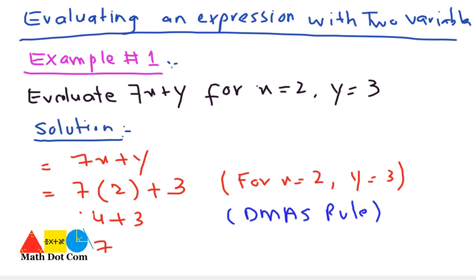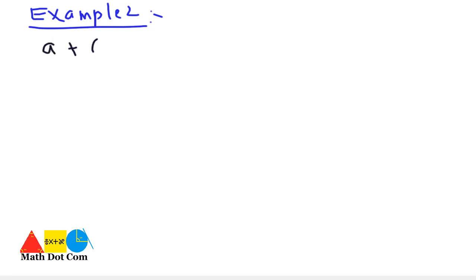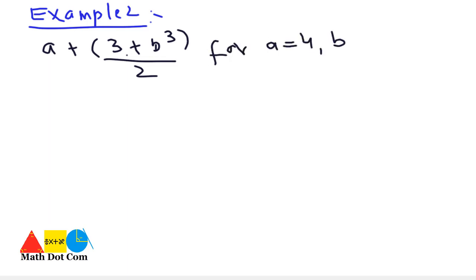Let's take a little more complex example so you will be able to solve such problems also. Question 2: a plus 3 plus b cube divided by 2, for a equals 4 and b equals 3. How can we solve it?